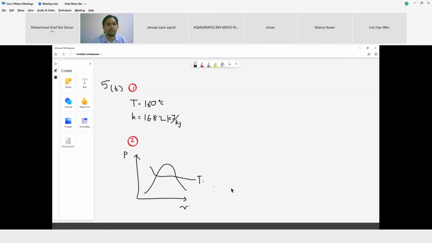Okay, and transfer step number 3, transfer all the information given into our diagram.